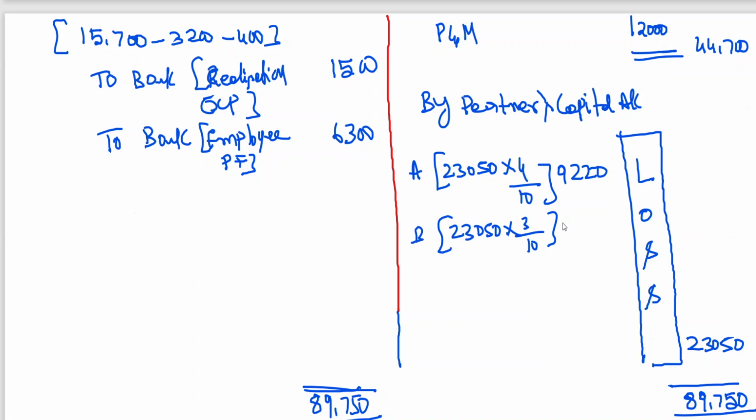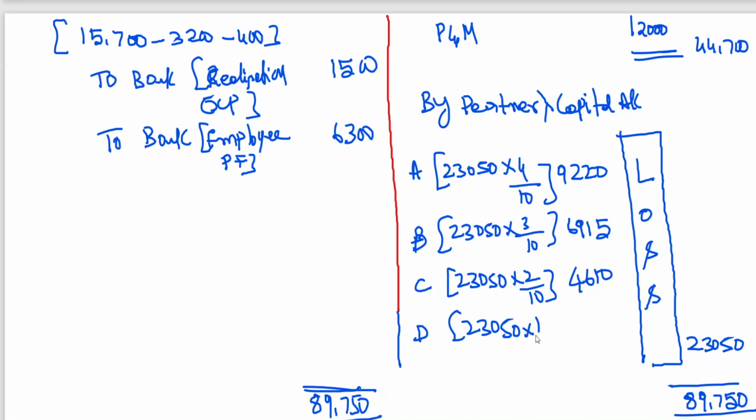Then 6,915. Then 4,610. Then 2,305. So this loss has been transferred.